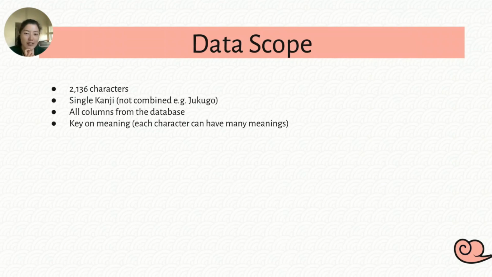And then the key column that I was interested in was this meaning. Again, that has multiple fields and it can mean very different things. So for example, the character for road can actually translate into journey, path, not literally just a road, right?